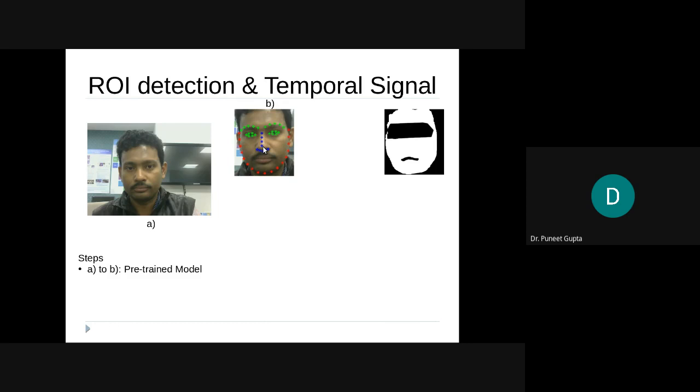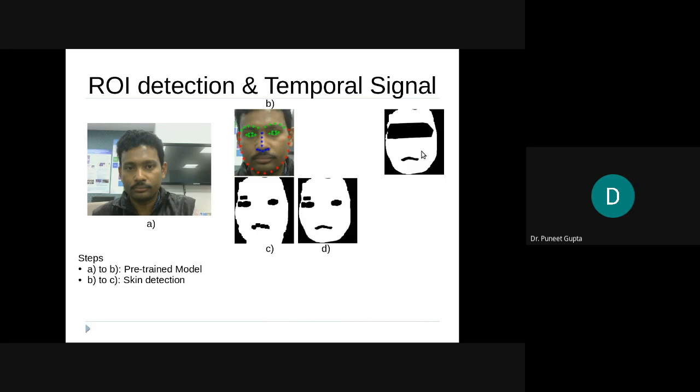My second step is I also apply a state-of-the-art skin detector model, and I get this kind of skin region. After this, I want to use B and C to reach this final image. So what I have done is I first smoothen this C image by using some morphological operation.